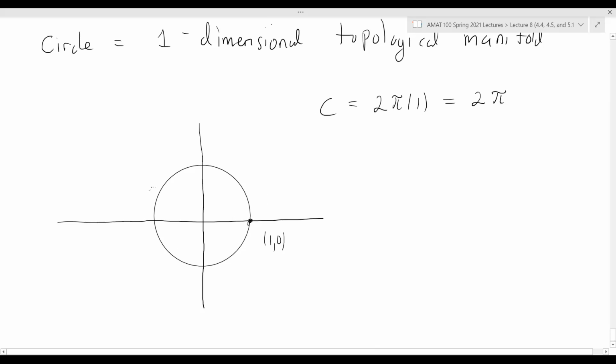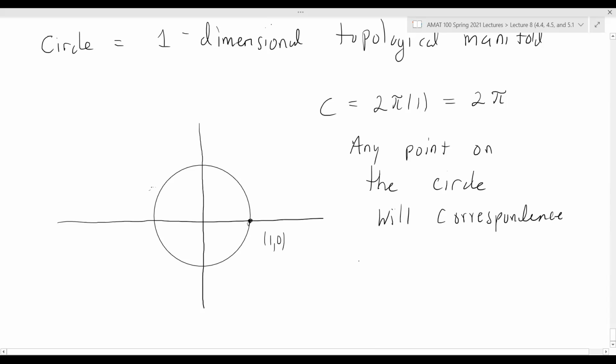So I want to say any point on the circle will correspond, there's some sort of correspondence, to a number in the interval 0 to 2 pi.